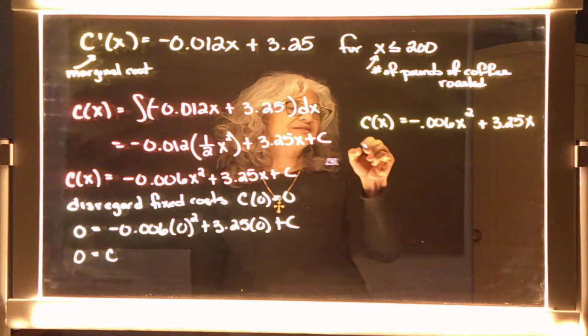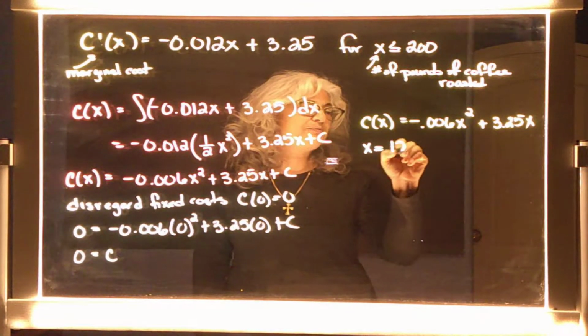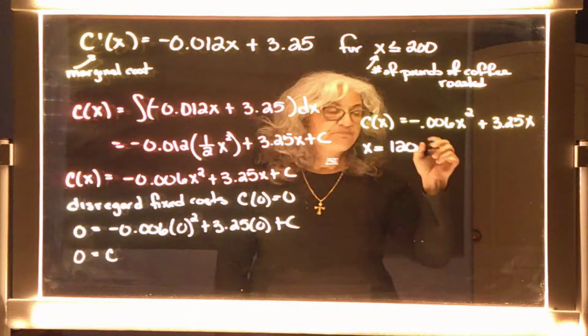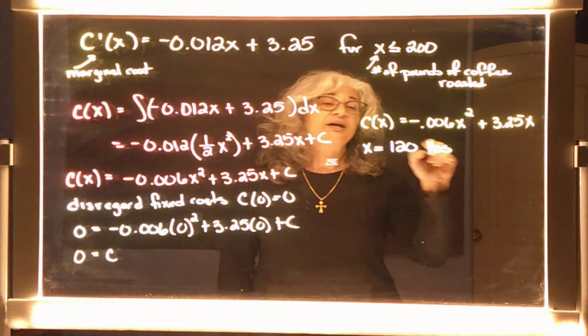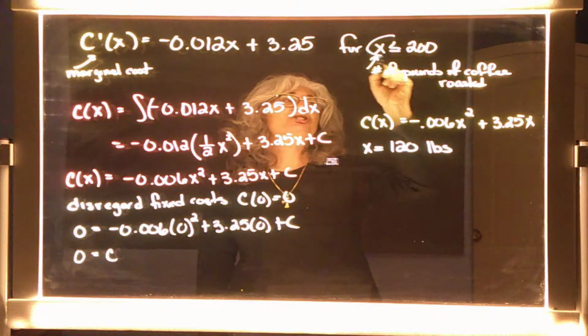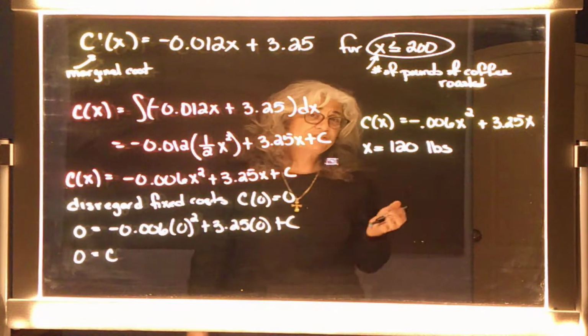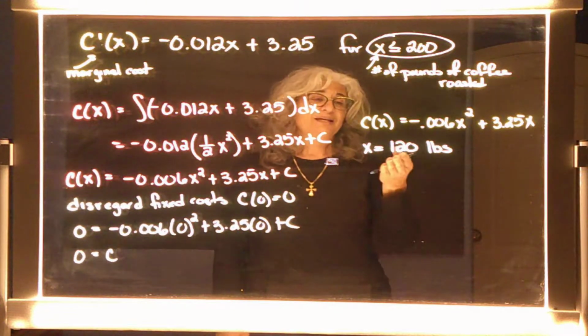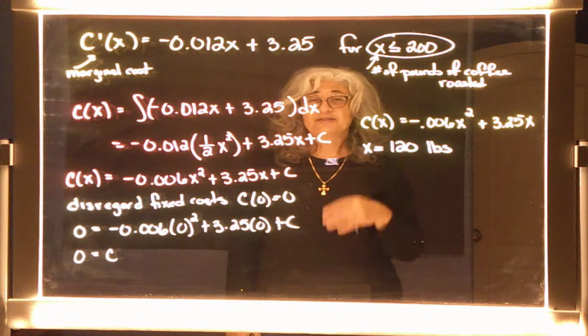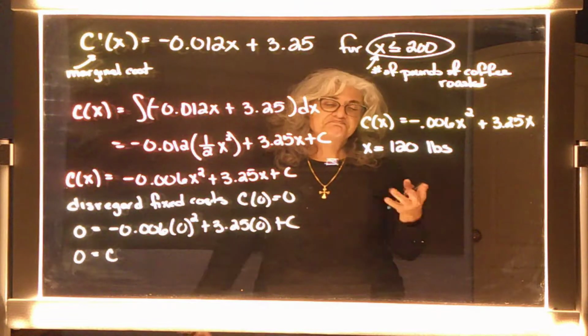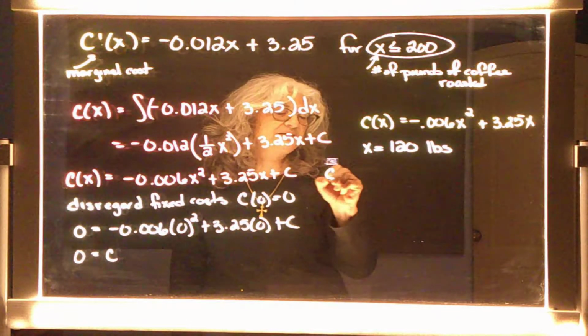And they're telling us that we're roasting 120 pounds of coffee. Now, we have to be careful because they gave us a restriction that x has to be less than or equal to 200. Is the number of pounds of coffee less than or equal to 200? Yes, it is, which means I can plug it in.